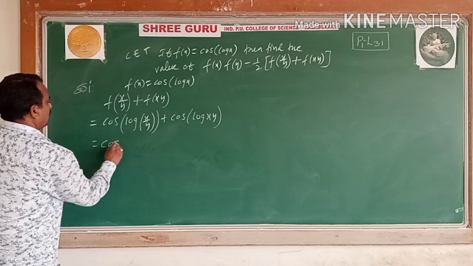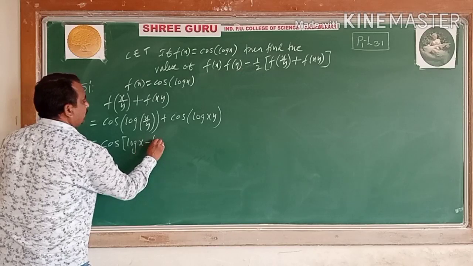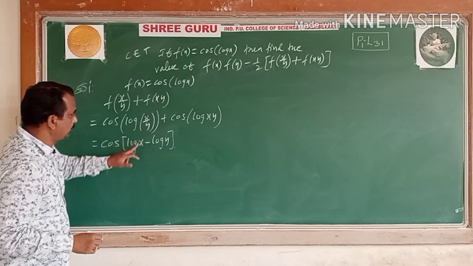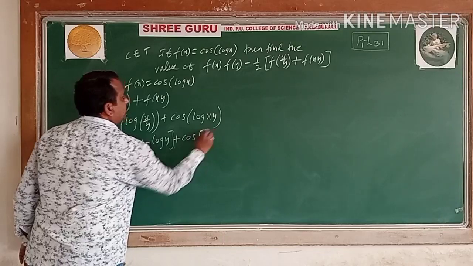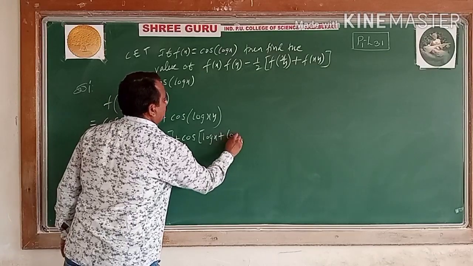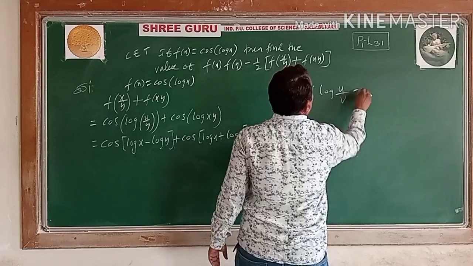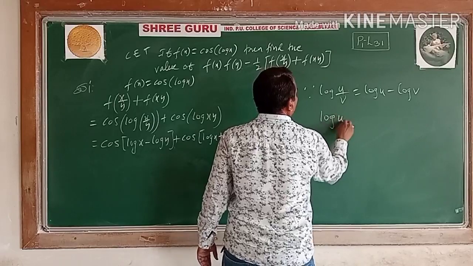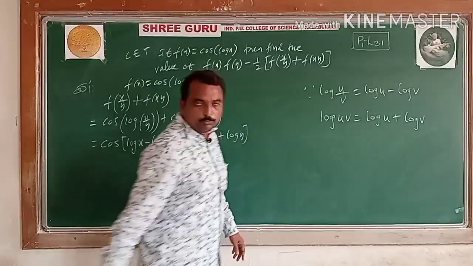So this is equal to cos of log x minus log y, here I am using the logarithm property, log u by v equal to log u minus log v, plus cos of log x plus log y, here also I will use the logarithm property, log u into v equal to log u plus log v.